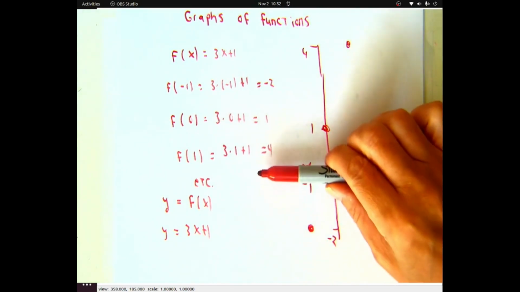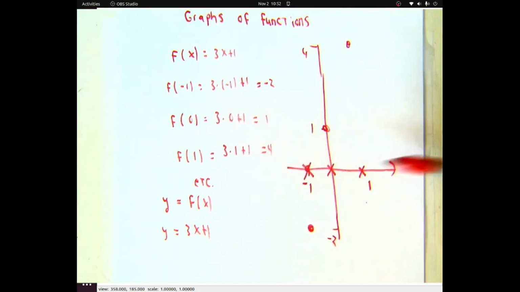So we plot as our inputs things on the x-axis, and on the y-axis, a right angle direction, we plot things that are the function values as the y coordinates.